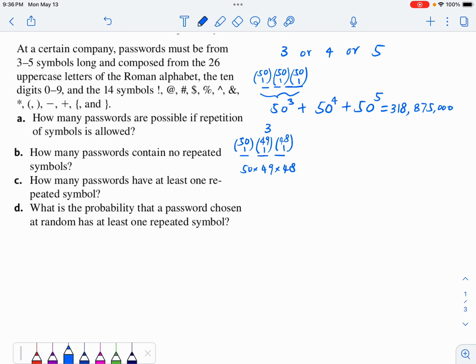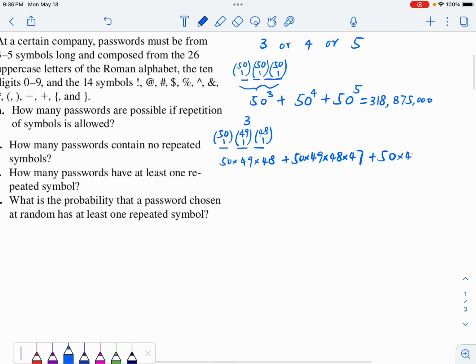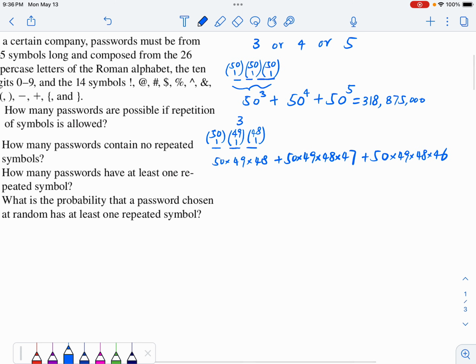Now for the 4, that will be 50 times 49 times 48 times 47. And for the 5 symbols long, that will be 50 times 49 times 48 times 47 times 46.